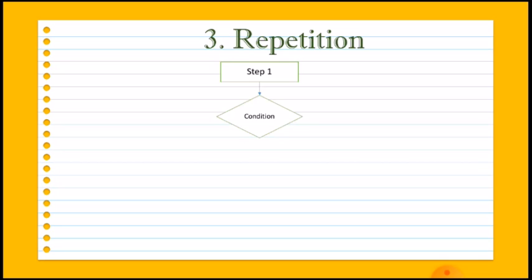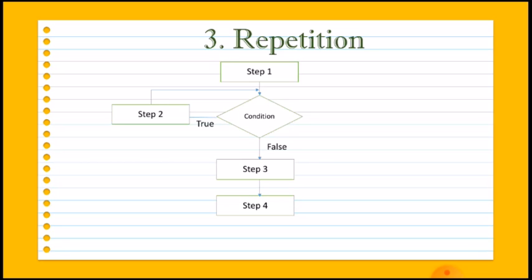This particular step, in this example step number 2, will execute continuously as long as the condition is true. Once the condition becomes false, it will stop executing the second step and go to step 3, and after executing the third step, the remaining steps will be executed. It is named repetition because a particular step will execute repeatedly depending on the condition.